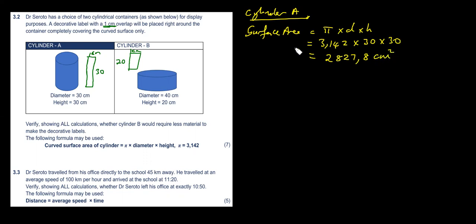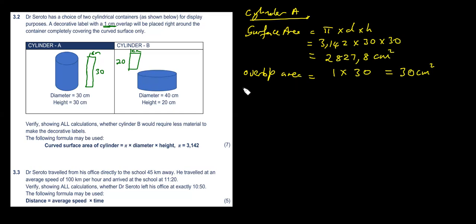Centimeter squared. But remember here, we want the total, the overlap. So the overlap area is going to be equal to 1 centimeter times 30, which is equal to 30 square centimeters.